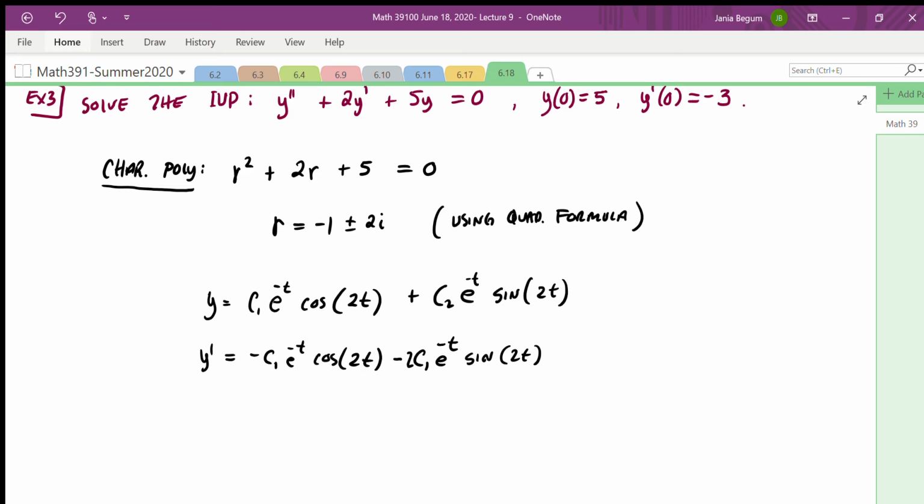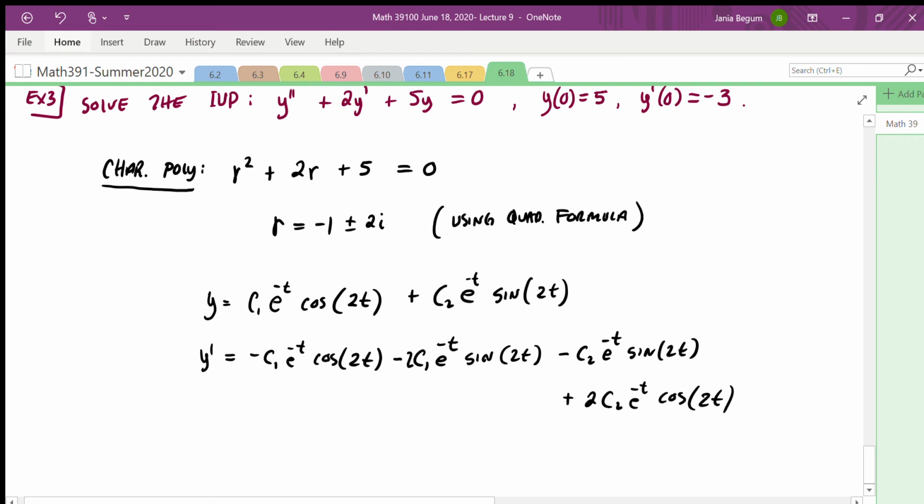But you could have gone ahead and plugged in y of 0 is 5, and maybe we can do something better. Okay, I'm just going to go ahead and take the derivatives. Let's see what happens, okay? So if I take the derivative of the second function, I have negative c2 e to the negative t sine of 2t, and then plus 2c2 e to the negative t cosine of 2t.